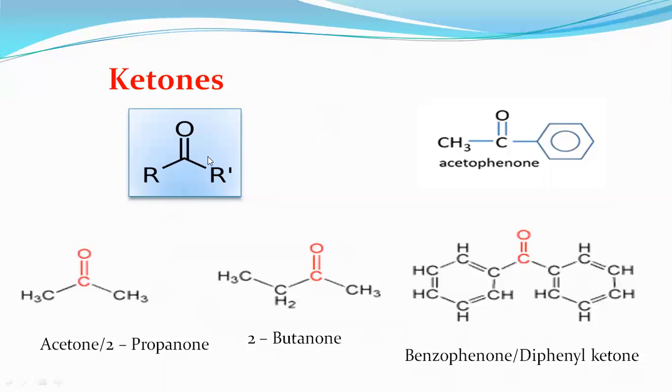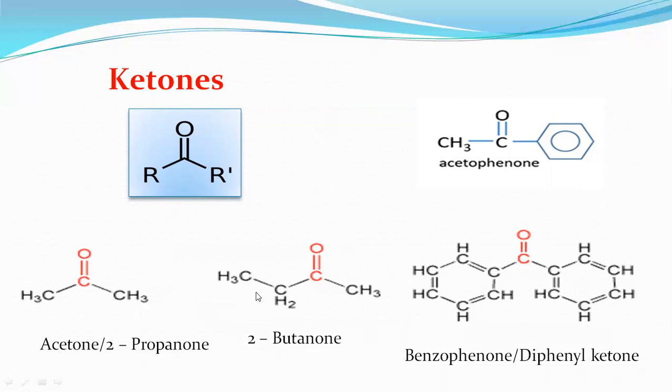For ketones, R C double bond O R. Here the C double bond O is bonded on both sides to carbon, or what we can say alkyl groups, and therefore the first member of the ketone family contains three carbon atoms, two from the alkyl groups and one from the carbonyl group. Both aldehyde and ketone contain a carbonyl group, but for the aldehyde it is CHO and for the ketone R C double bond O R dash. So acetone, or 2-propanone, is an example of the ketone family.